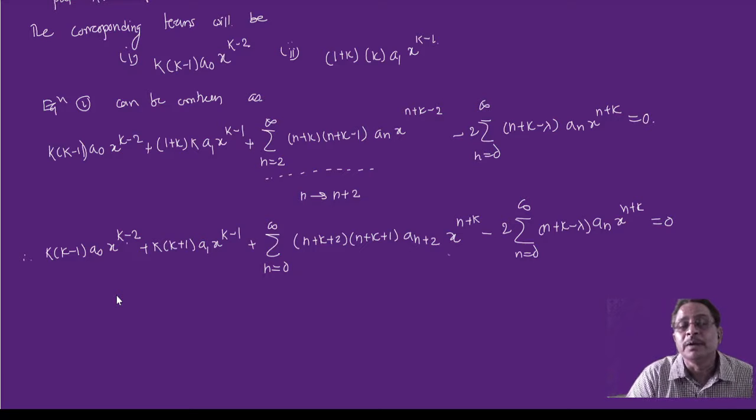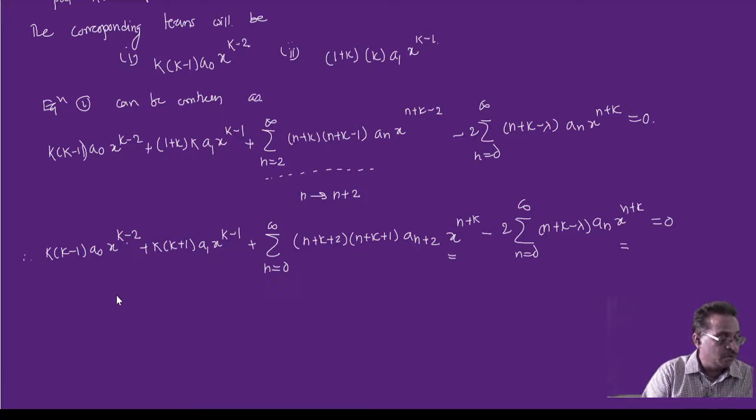You find here this has power x raised to n plus k, this also has power x raised to n plus k, and these two highest powers will give you recurrence relation and lowest powers or second lowest powers will give you the initial equations.